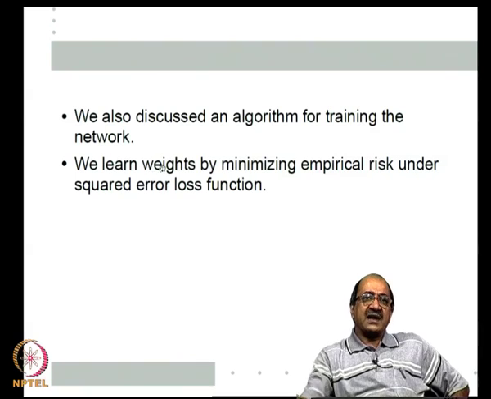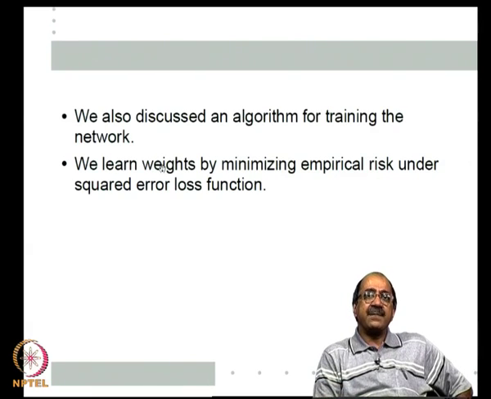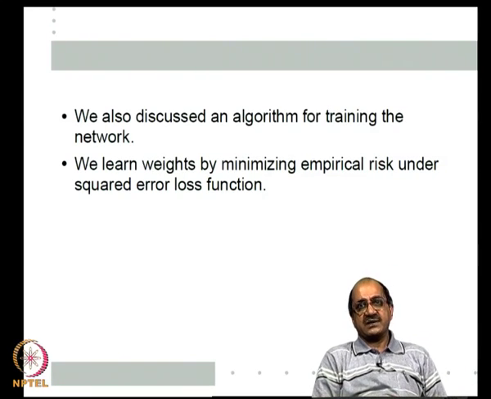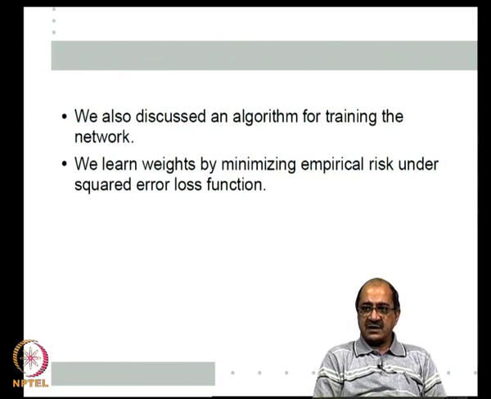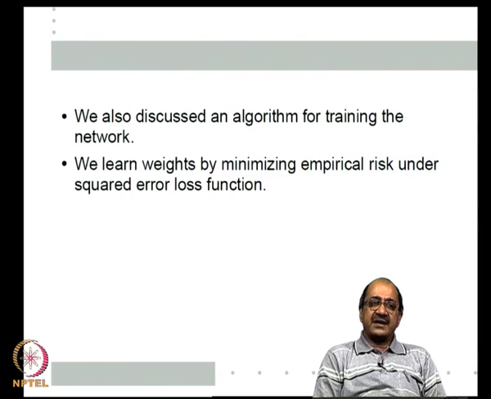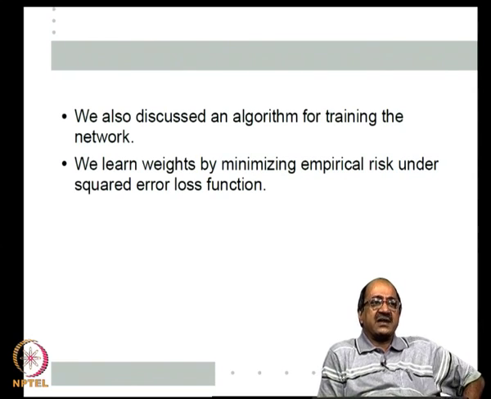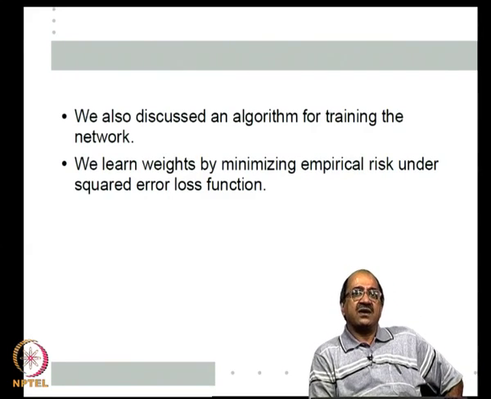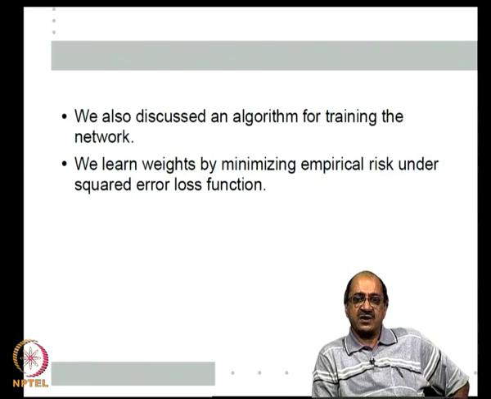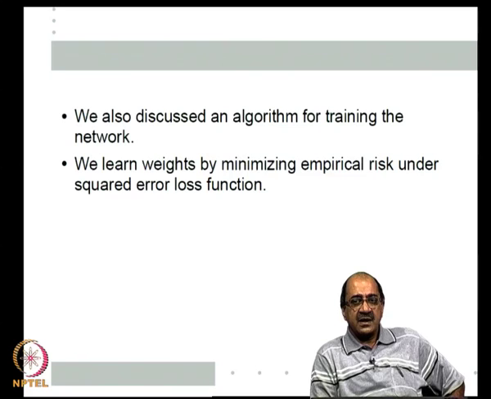We learn the weights by minimizing the empirical risk with the square error loss function. Once we fix the architecture of a network, as I said earlier, it represents a class of functions. So, we can think of that as the class of classifiers H that we are currently considering in the risk minimization framework.